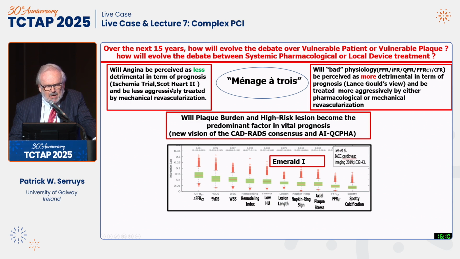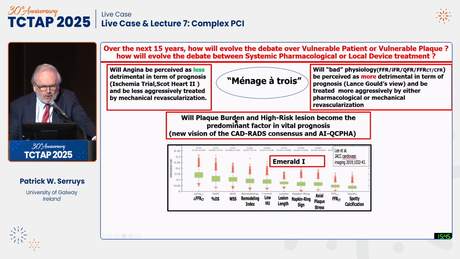That's ISCHEMIA trial and SCOT-HEART 2, and be less aggressively treated by mechanical revascularization? Or will bad physiology, FFR, iFR, and other, be perceived as more detrimental in terms of prognosis? That's the Lance Gould view, and are treated more aggressively by either pharmacological or mechanical revascularization?